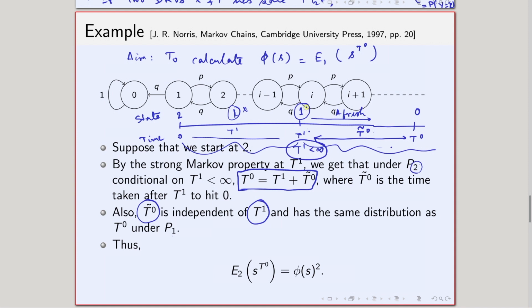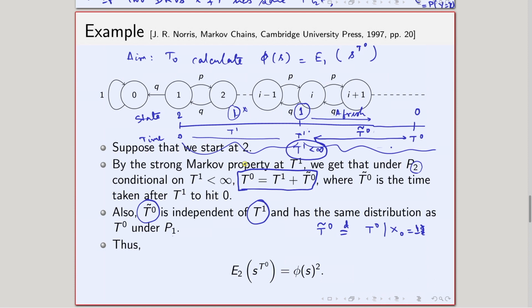So, clearly the distribution of t0 tilde will be the same as if I am starting from 1 and hitting the state 0. Okay. So, the distribution of t0 tilde will be the same as the distribution of t0 when I know X0 equals 1. Okay.